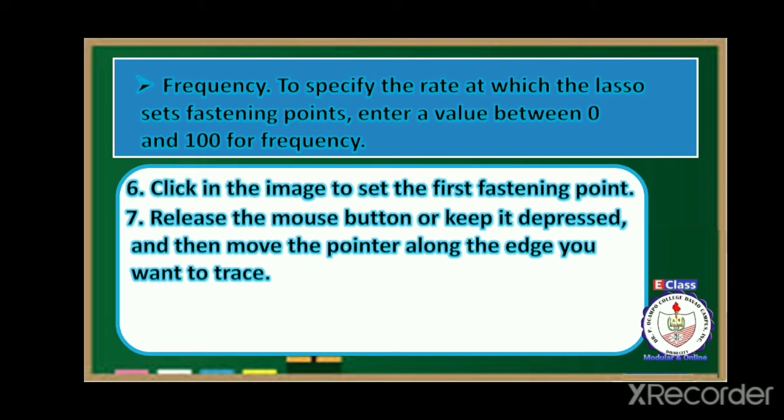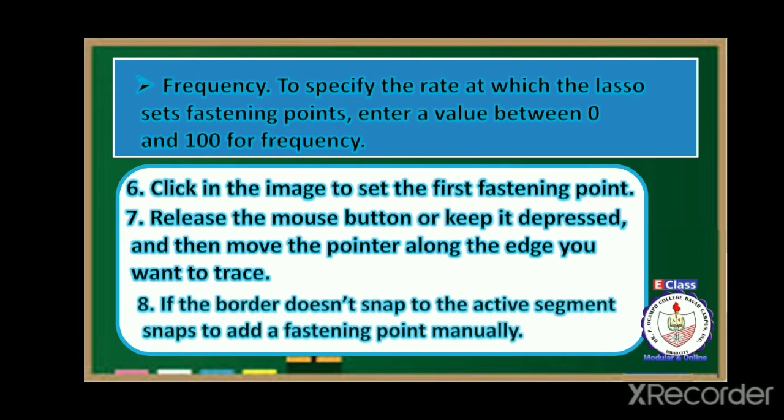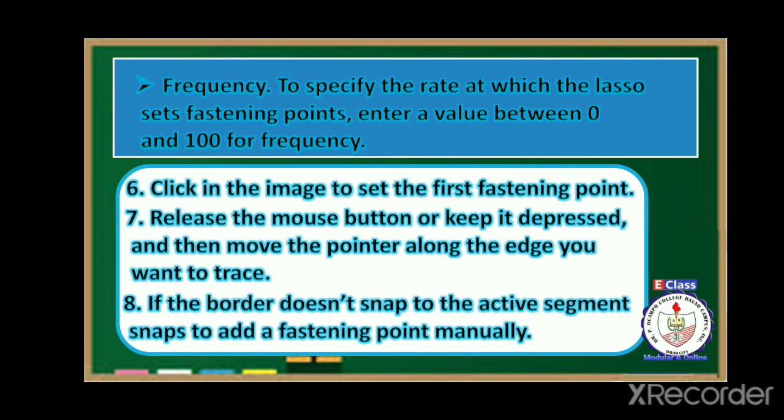Periodically, the magnetic lasso tool adds fastening points to the selection border to anchor previous segments. Eight, if the border does not snap to the desired edge, click once to add a fastening point manually. Continue to trace the edge and add fastening points as needed.